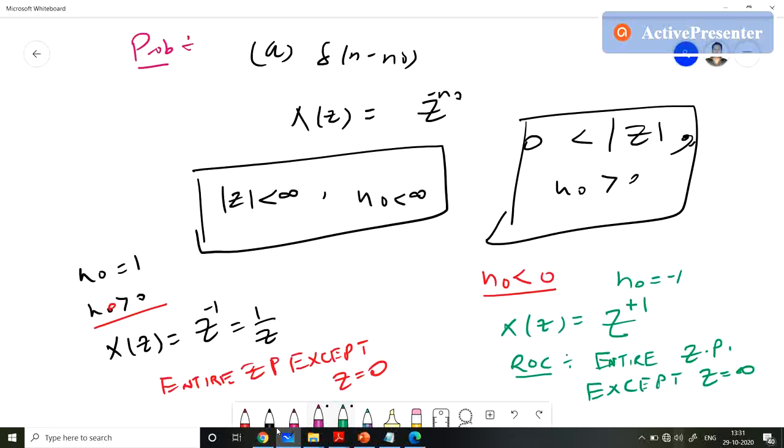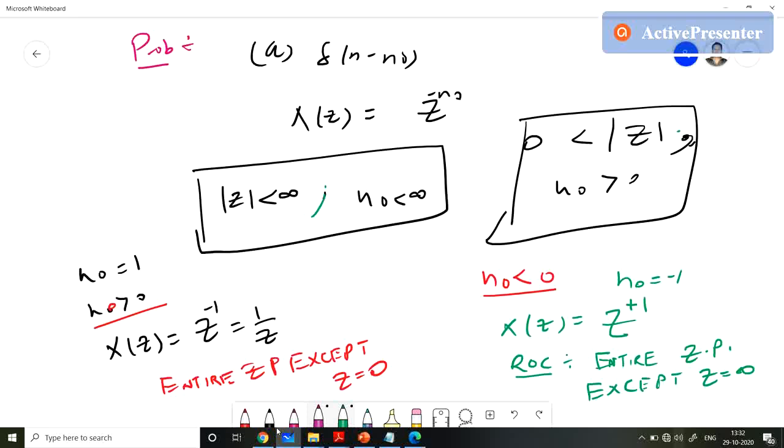So when we have n naught greater than 0, we are just excluding 0. And when we have n naught less than 0, we are excluding infinity. So it is the entire z plane excluding infinity. Here it is the entire z plane except 0.